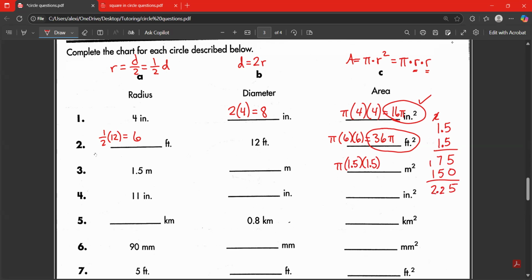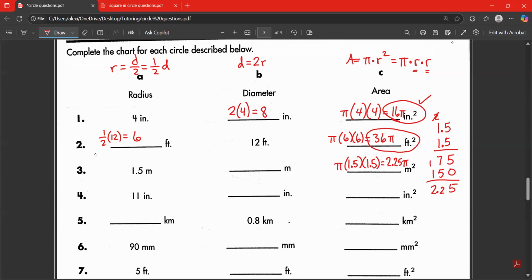And we get 2.25. So that means area is equal to 2.25 times pi. And of course, meters squared. Don't forget to attach the pi, because this is an exact answer.